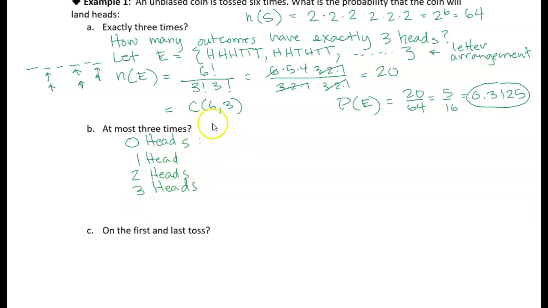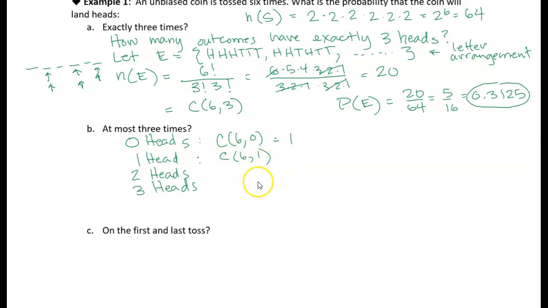Well, because I just said we can think of this as a combination problem. We've got 6 slots to fill, and we're going to choose 0 of them to be heads. 6 choose 0 is equal to 1, and that would just be the event where you have all tails. If we want the number of ways that we can get exactly 1 head, we can think of it as 6 choose 1.